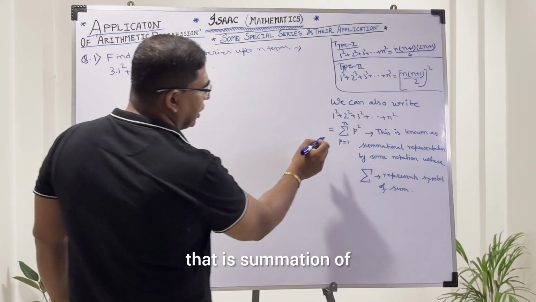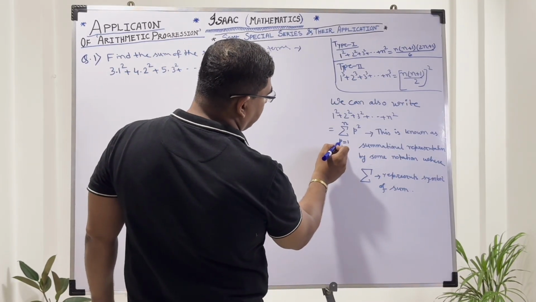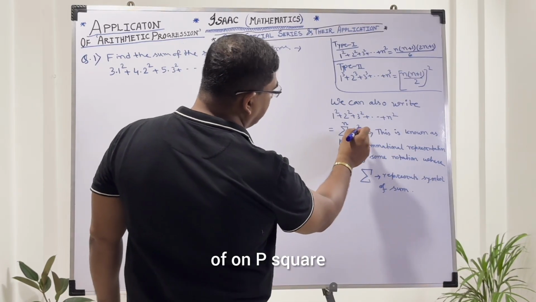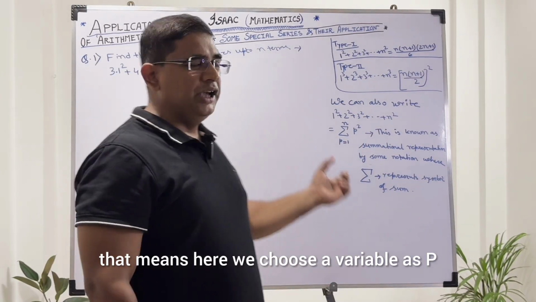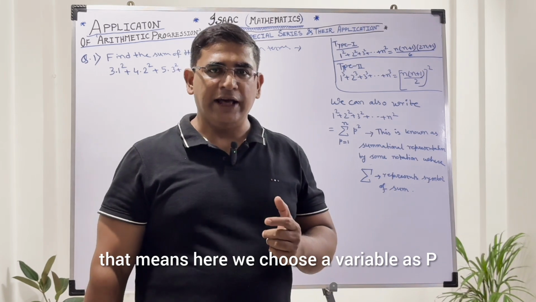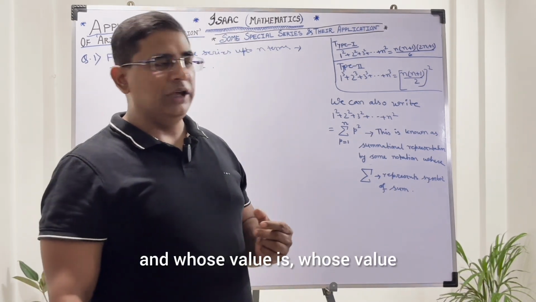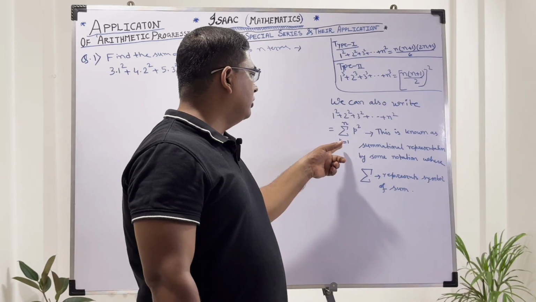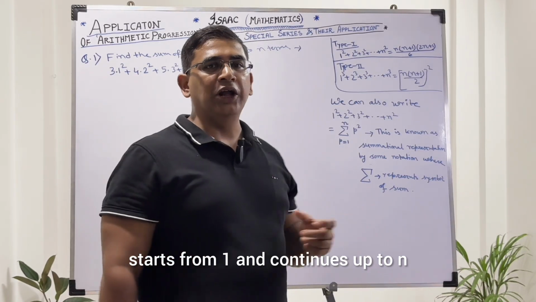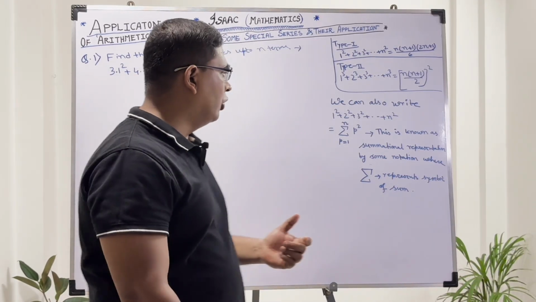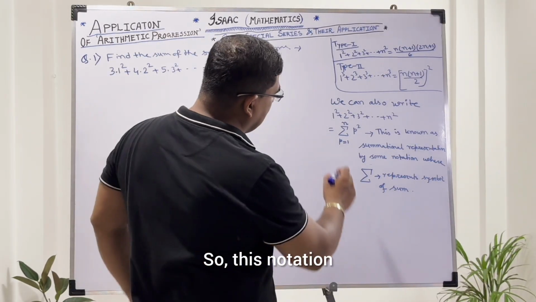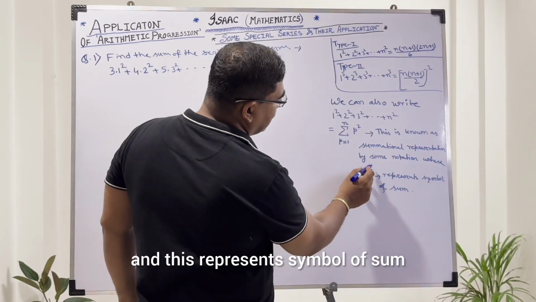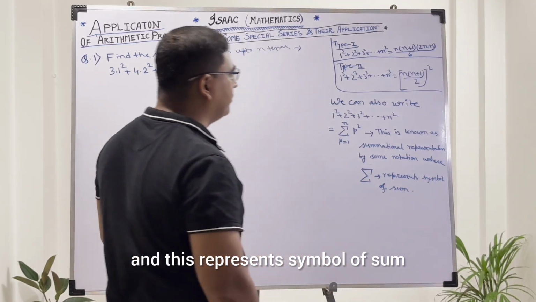That is summation of p equals to 1 to n of p square. Okay, that means here we choose a variable as p, whose value starts from 1 and continues up to n. Okay, so this notation is known as sigma, and this represents the symbol of sum.